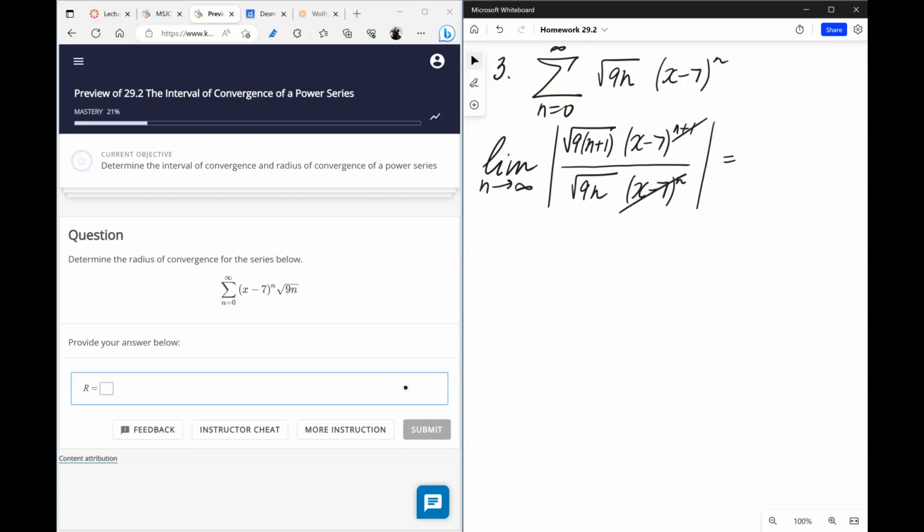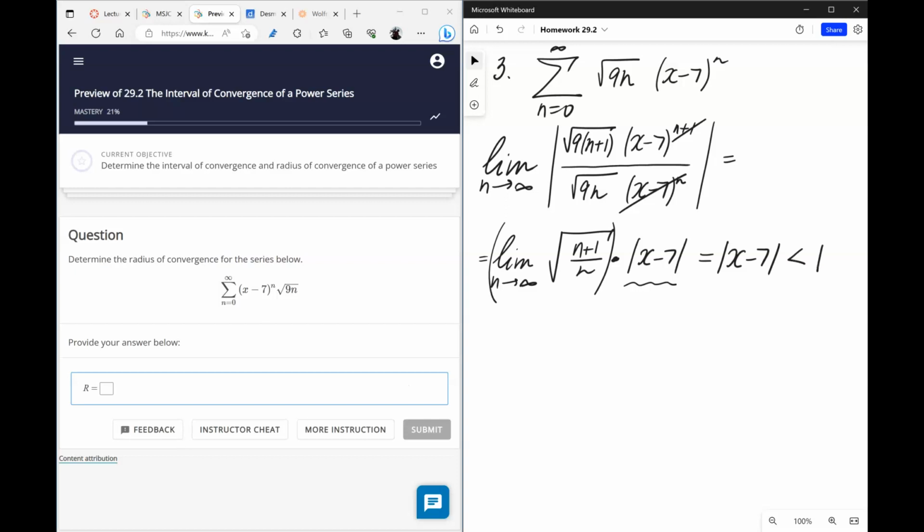A lot of things cancel here. And x minus 7 is not part of the limit now because it doesn't depend on n, and the limit of this square root is just going to be 1. So the whole thing is equal to x minus 7 in absolute value.